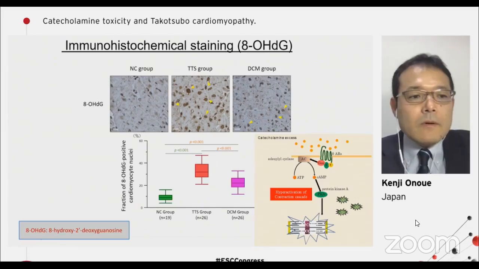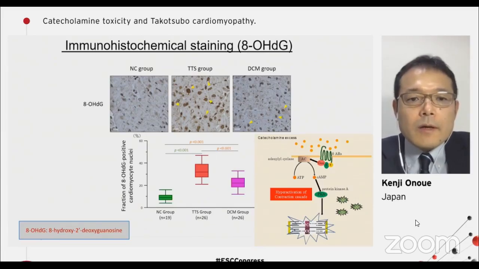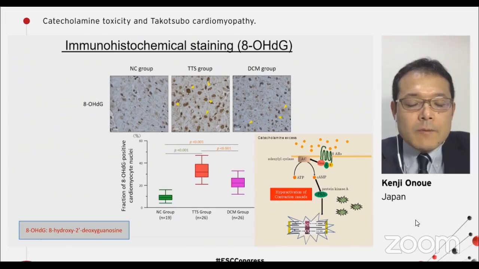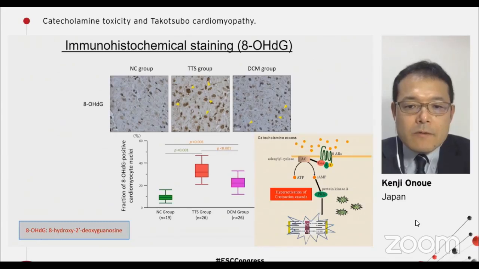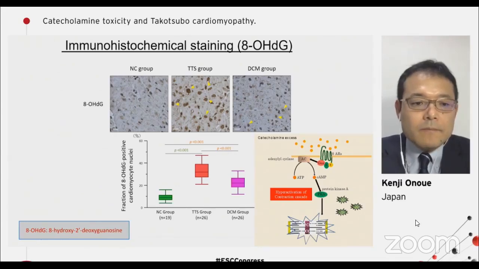And we also performed 8-OHdG staining, which reflects reactive oxygen species, and we observed the highest signal in TTS group, which reflects hyperactivation of contraction cascade.